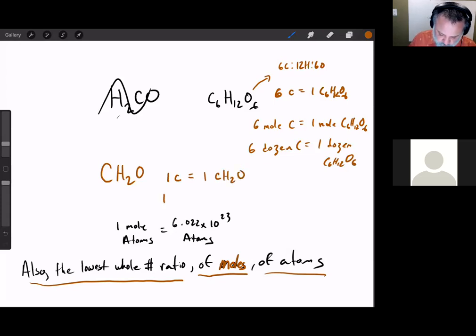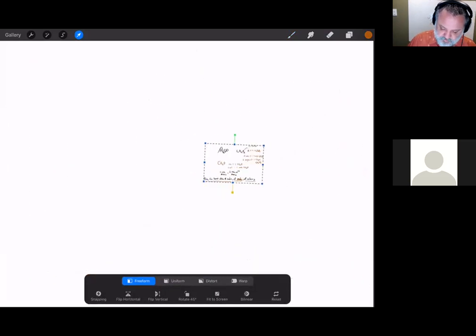And so we can say there's 1 mole of carbon for every 1 mole of the empirical formula. We're going to take advantage of this fact to solve problems about empirical formulas. So let me actually get into some examples of that.